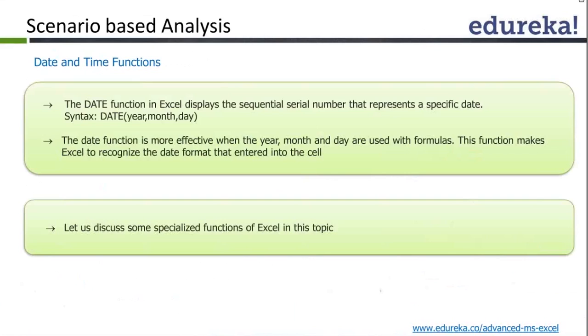So let's start with the date function. The date function takes parameters as year, month and day. I'll show you some of the examples. You can also try them at your own pace and then check how the output looks.